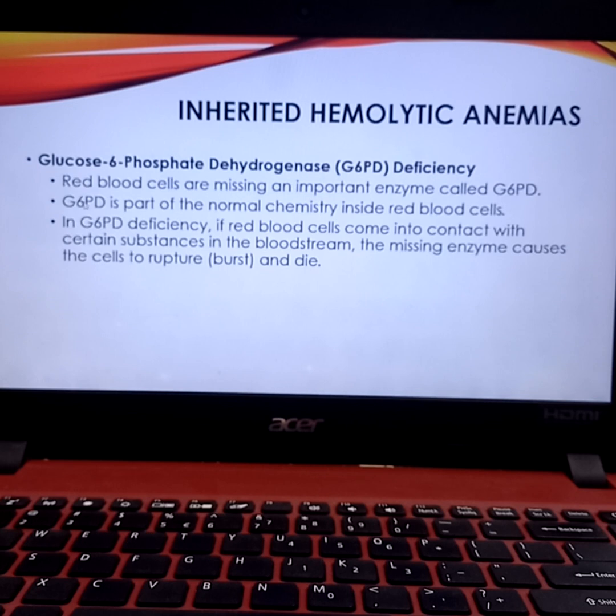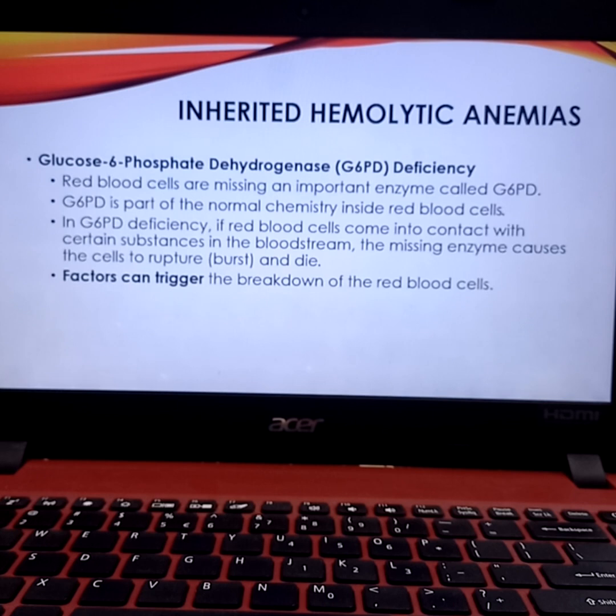So basically, if you lack G6PD, you are missing the enzyme that maintains homeostasis within the red blood cell. So without G6PD, the red blood cells formed in the bone marrow will be destroyed or will burst and eventually die, leading to anemia.